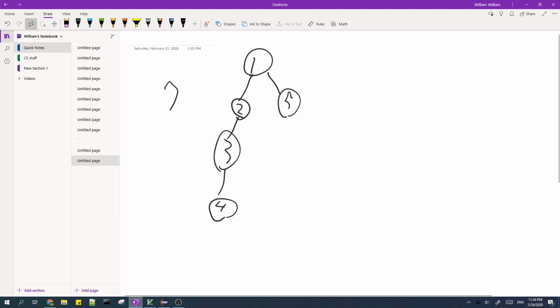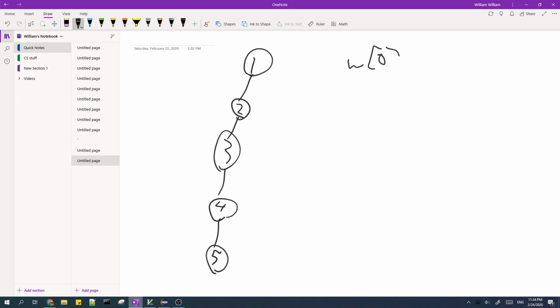So what I mean by that is, in here, W of 0 will basically store 1 because we can move this 5 up here to the 1. But after we move the 5 up there to the 1, 1 will not be available anymore. So that means you need to erase the 1 in W of 0.